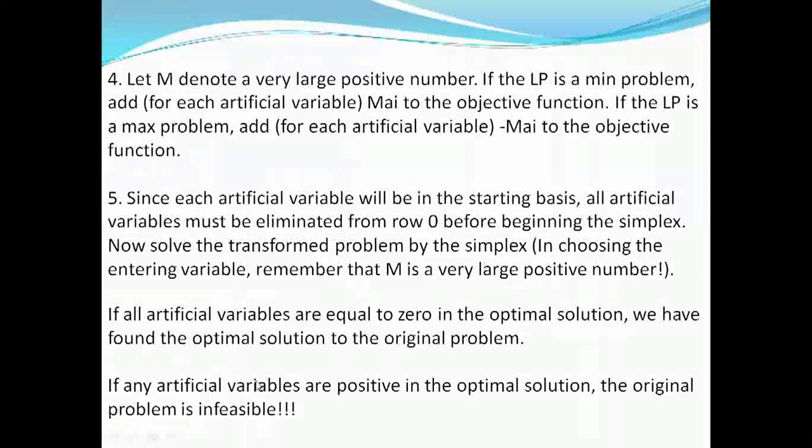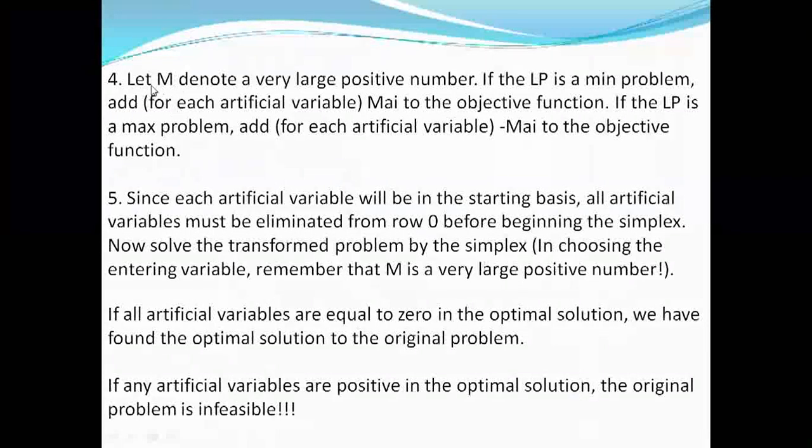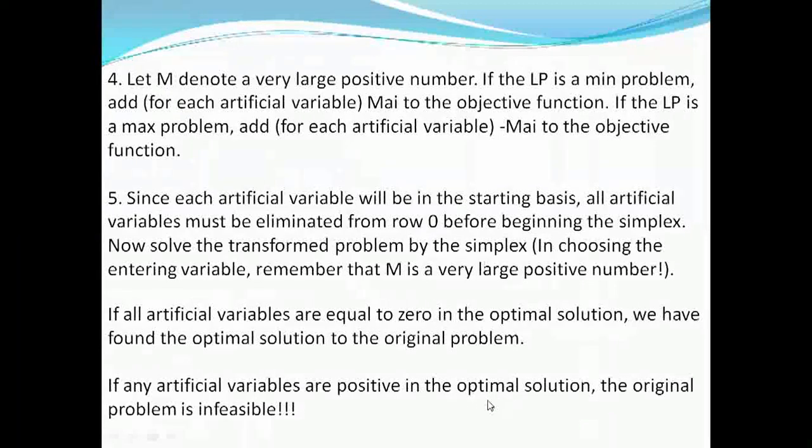And if at all a positive variable in an optimal solution has been obtained at a value very large compared to the M value we have taken. Generally we assume an M value and take this value for solving the problems. If the obtained value upon simplification is greater than the M value, then the original problem is infeasible, right?